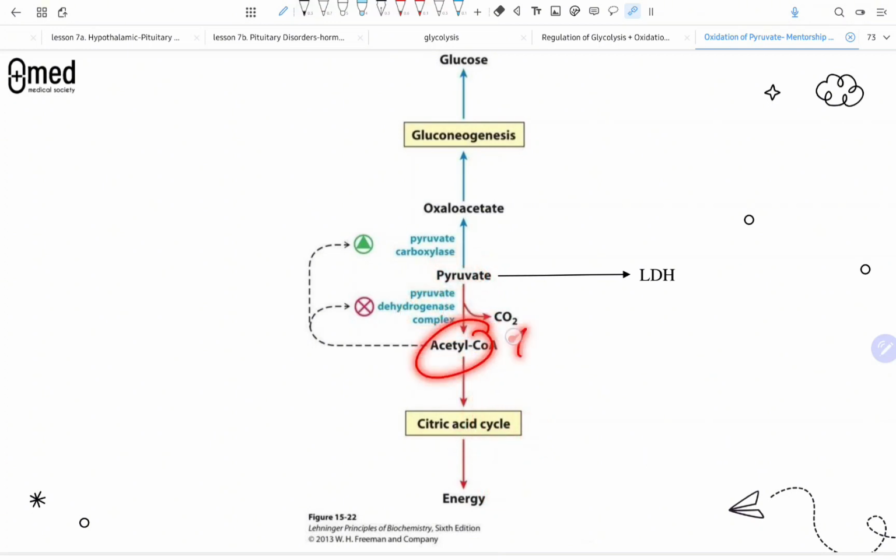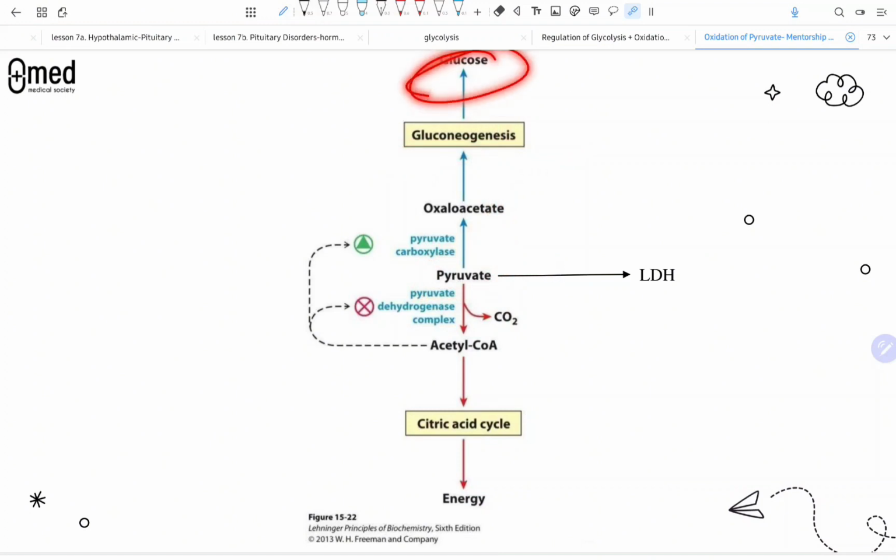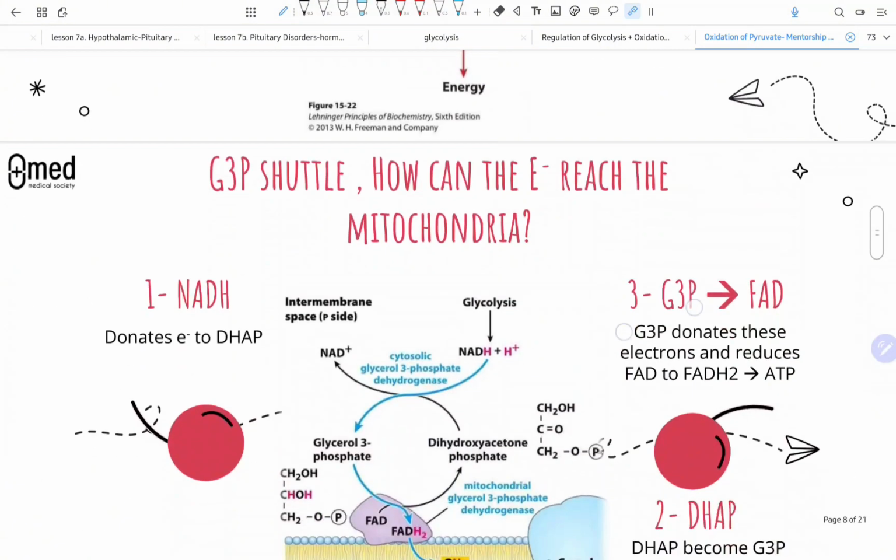So increased levels of acetyl-CoA are going to inhibit PDH, and at the same time, stimulate pyruvate carboxylase, which converts pyruvate back into glucose via gluconeogenesis. And this extra glucose can go to the liver to be stored as glycogen or to become fatty acids. Okay.